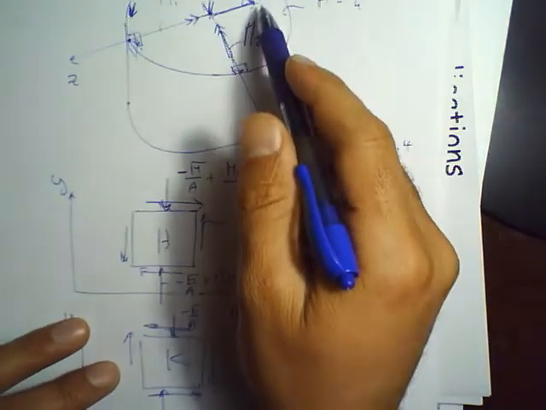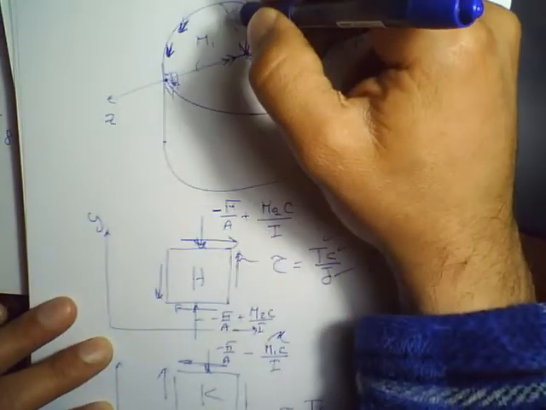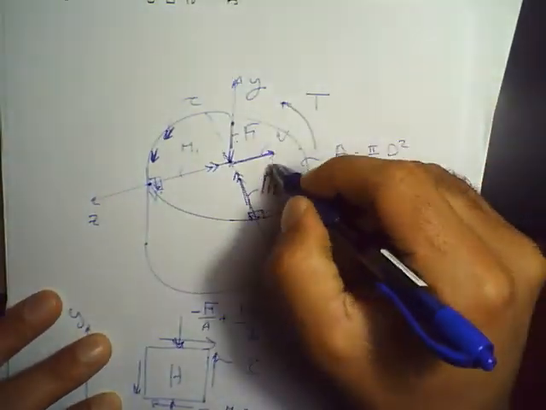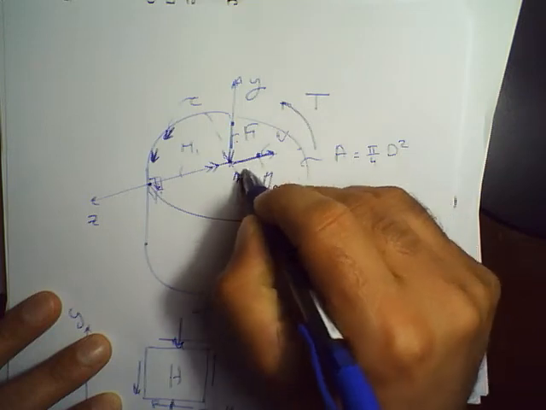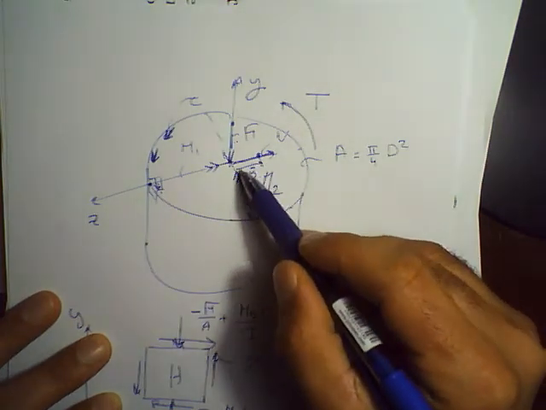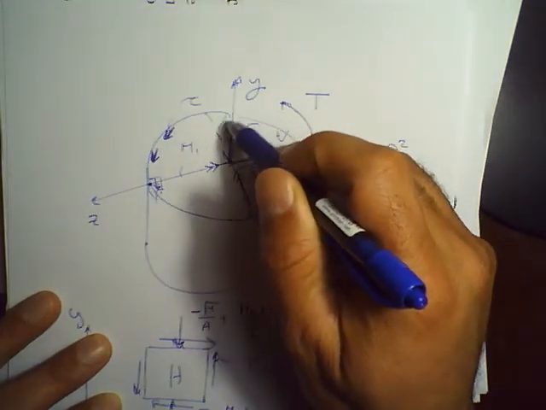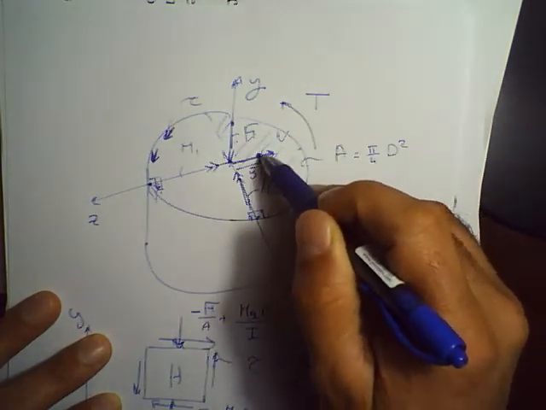So this is your V, right? This is our V. So we're gonna get Y bar, right? So Y bar is gonna be the distance between the neutral axis and the centroid of this cross section, right?